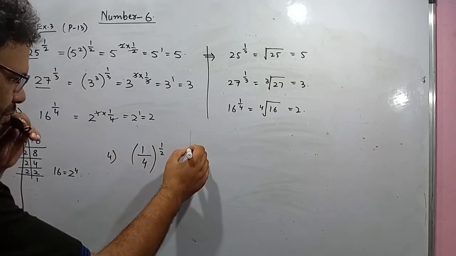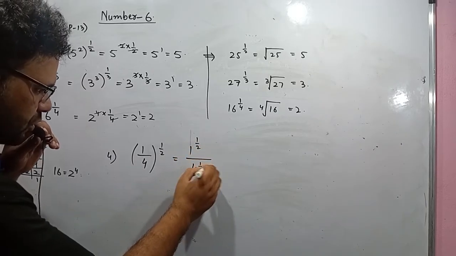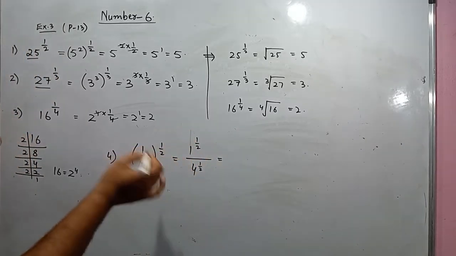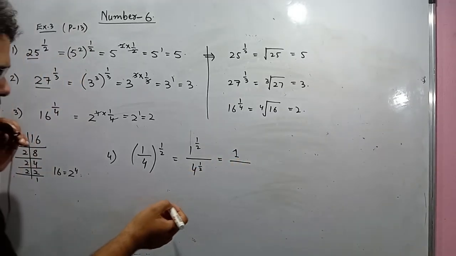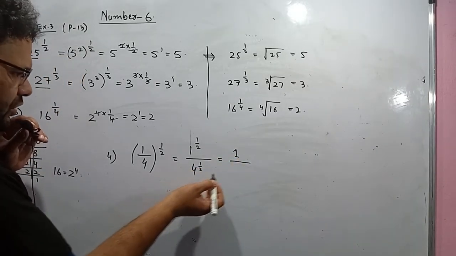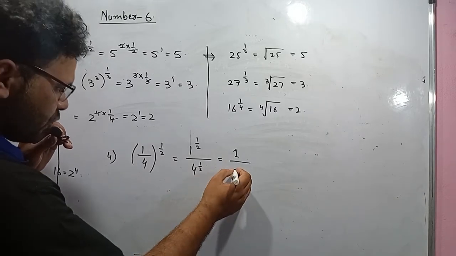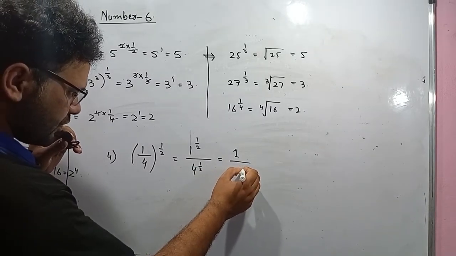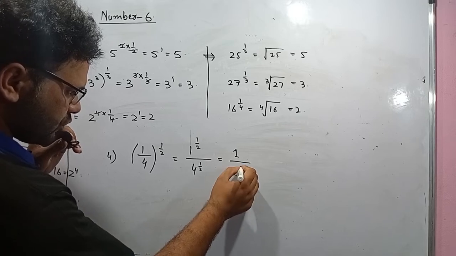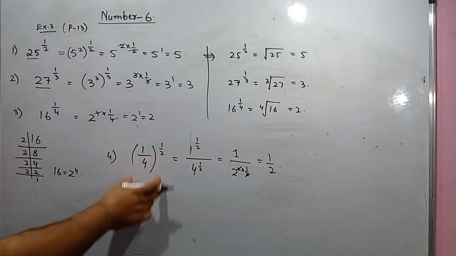So I will write separately 1 power 1 by 2, 4 to the power 1 by 2. 1 power anything, it's always equal to 1. 4 to the power 1 by 2, that is square root of 4. That's 2. I can write directly. Or if you want, instead of 4, I will write this 2 square into 1 by 2. 2 2 cancel, it's 1 by 2. This is the answer of this part.